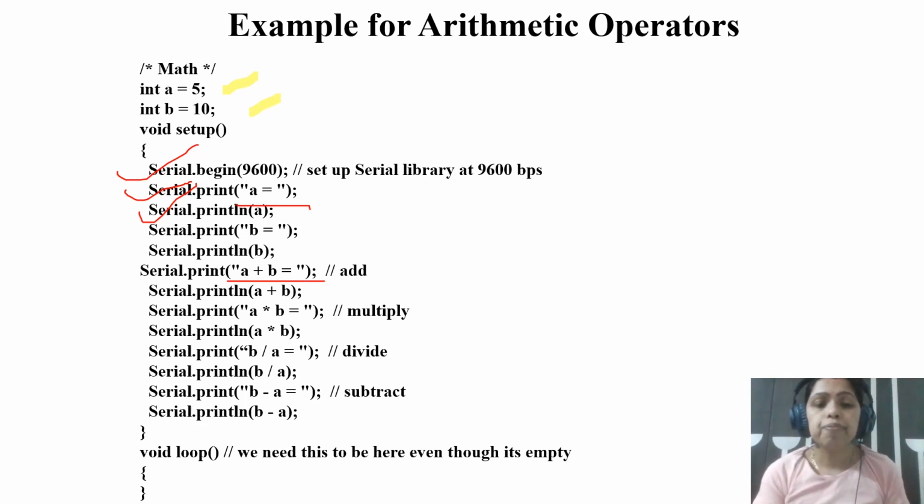To see the result, write Serial.println A plus B.